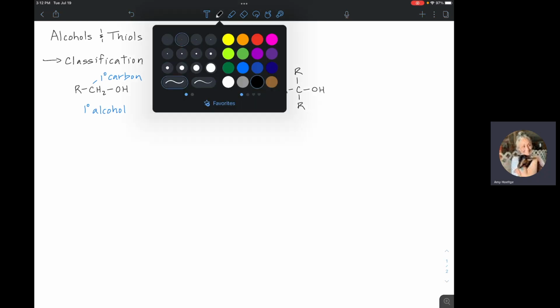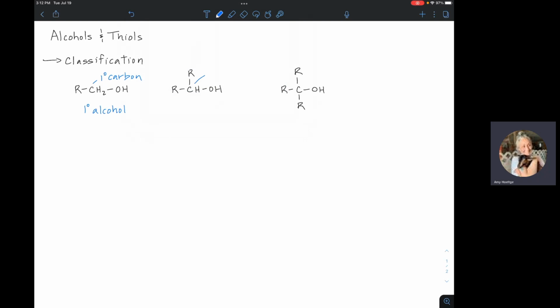So as a review, we have here a secondary carbon. So we have a secondary alcohol. Here we have a tertiary carbon. And so we have a tertiary alcohol.